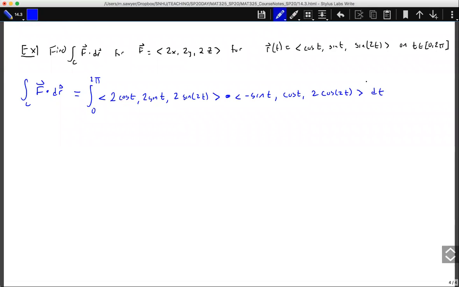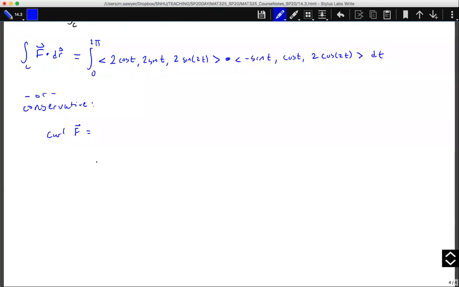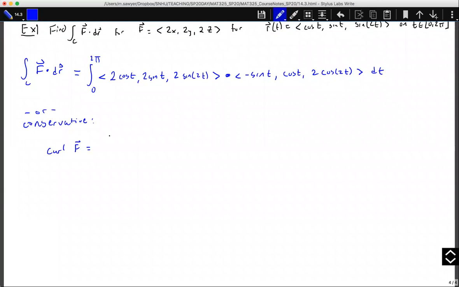However, we could check if the vector field is conservative, because the line integral above is not a hard integral to solve. We will just have to do a couple of u substitutions, and that maybe takes more time than we'd like to do. So if we check conservative, we take the curl of F. This is a three-dimensional vector field, so we can check our curl with our cross product here.